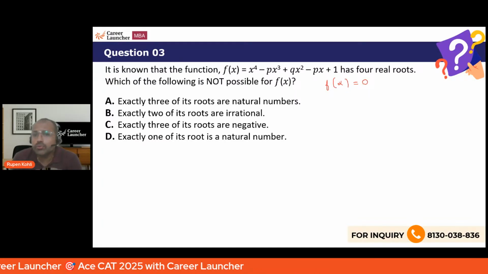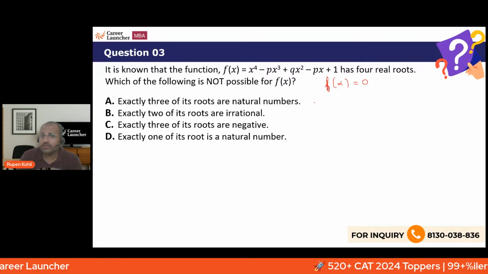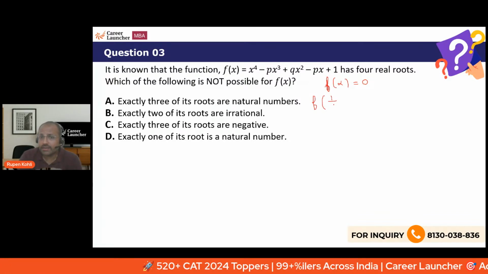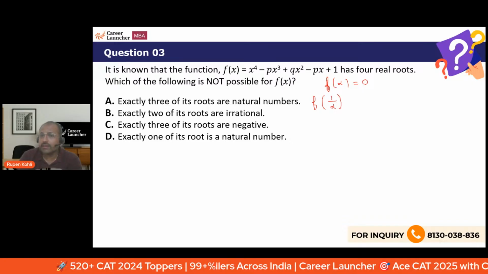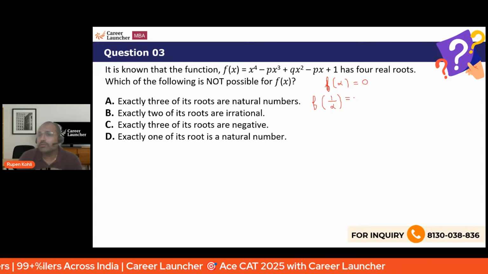Then due to the symmetry of the equation, it can easily be understood that if I replace alpha with its reciprocal and find f of 1 by alpha, that will also turn out to be 0, isn't it?